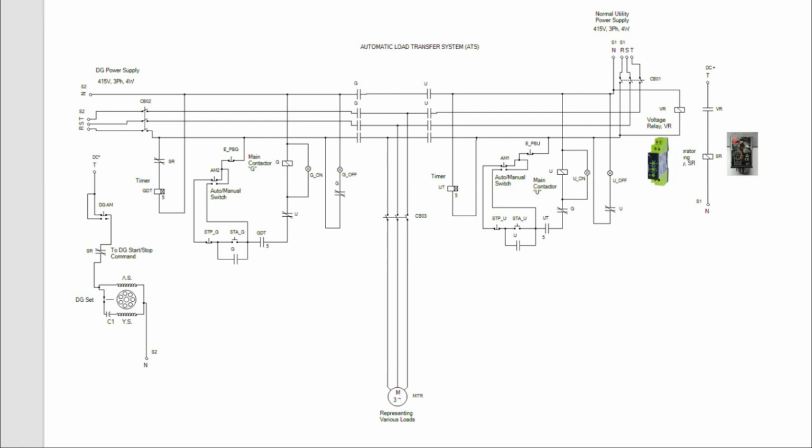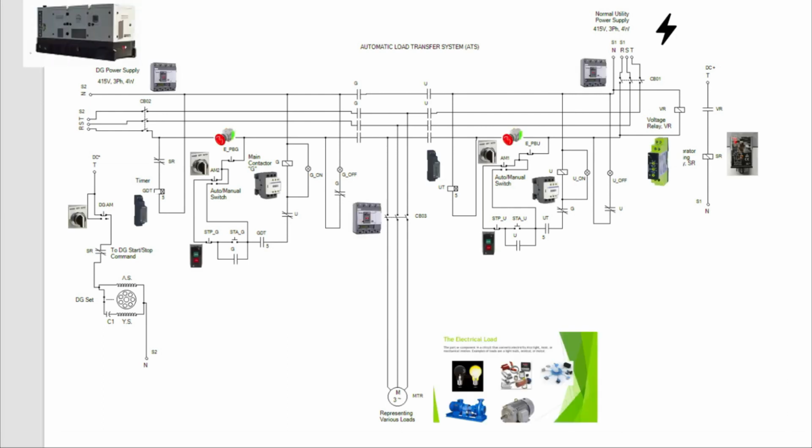We also have one DC auxiliary relay that will be used to give command to the generator to start and stop, and a three-phase motor that will be used as an example of our loads. And lastly, one single-phase motor that will represent the generator, whether it is running or in stop position.